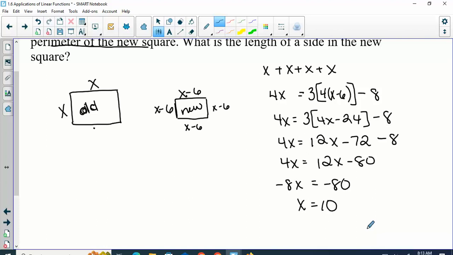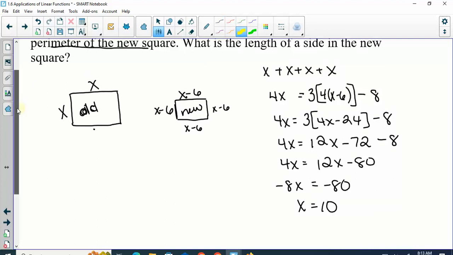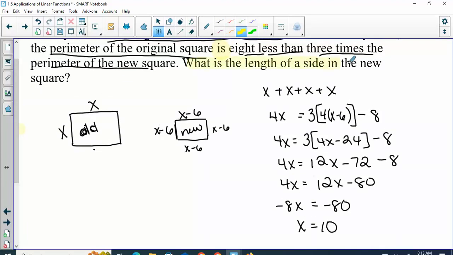We had a word problem to start, so we have to answer in words. Go back. The question is not always going to be just what is x. So we have to look. The question wants the length of a side in the new square. The new square, the sides are x minus 6. So x minus 6 would be 4.